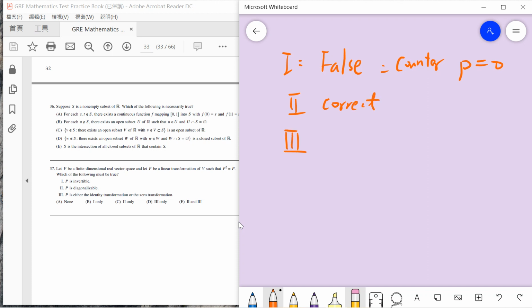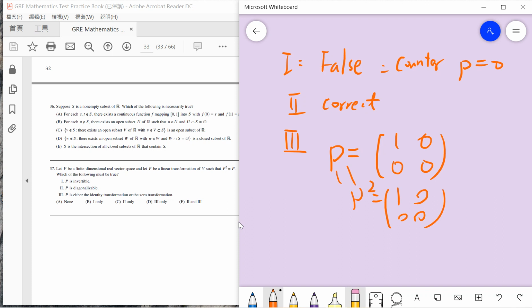P is either the identity transformation or the 0 transformation. This is definitely wrong, because I can choose P to be the matrix 1 0 0 0, and P squared equals 1 0 0 0. But P squared equals P, and P is not the 0 or identity matrix. So the third is not correct. So we choose the second only, we choose C.